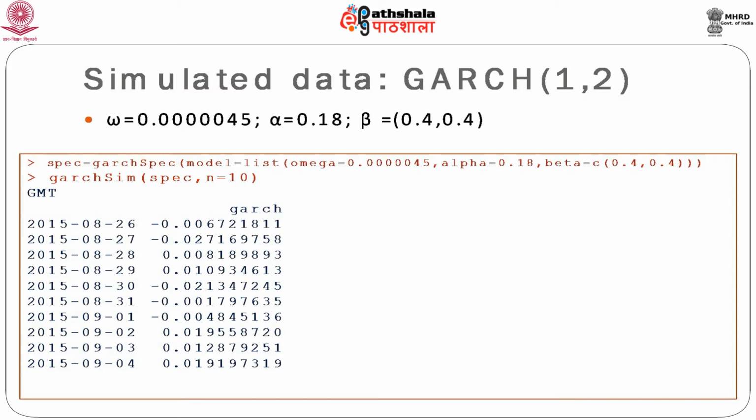Similarly you generate a spec variable by garchSpec with model equals list of omega, alpha and beta, where beta is a vector, and then garchSim, specifying the total number of samples that you are looking for, and then you enter, and that will generate your data. So this is the data for GARCH order (1,2), and similarly you can generate any kind of data for different orders of the GARCH model.